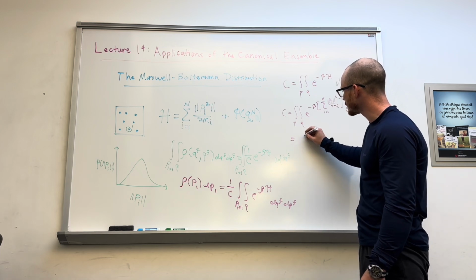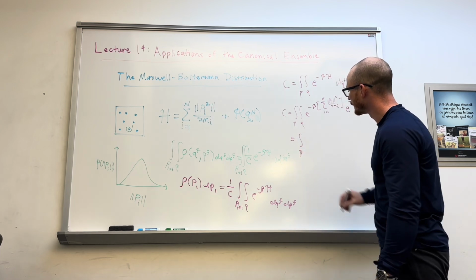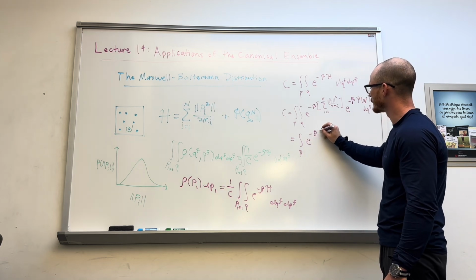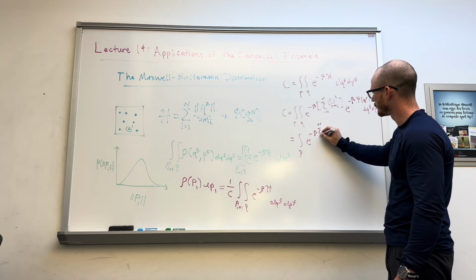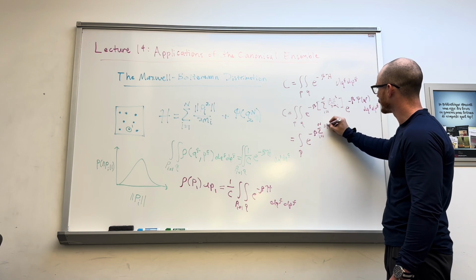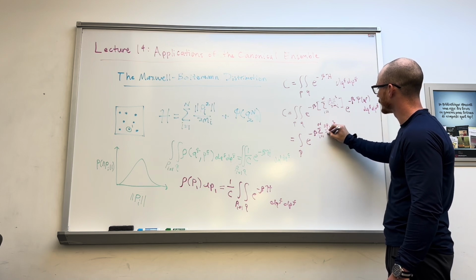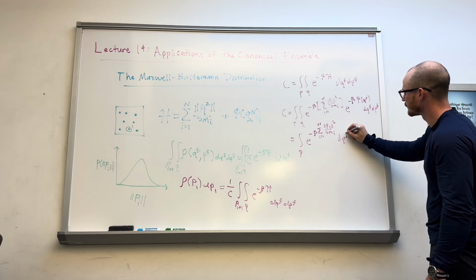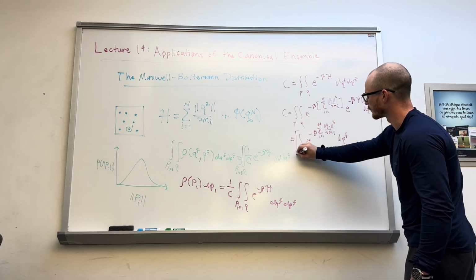So we can say that C is actually just equal to the integral over all of the momenta of e to the minus beta times this sum of p_i squared over 2m_i, dp_f, so its own integral, right?